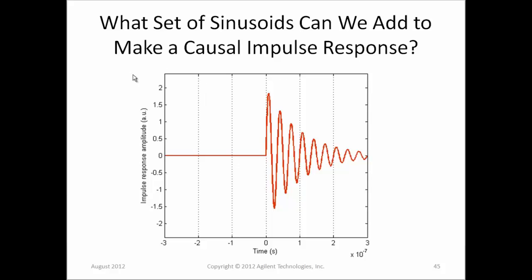We want to build it out of adding up a set of sinusoids. We want the sinusoids to cancel out at negative time, but have some kind of positive value at positive time. What set of sinusoids could we add up to make this kind of causal impulse response? And we know that every single sine wave has a finite value at negative time.